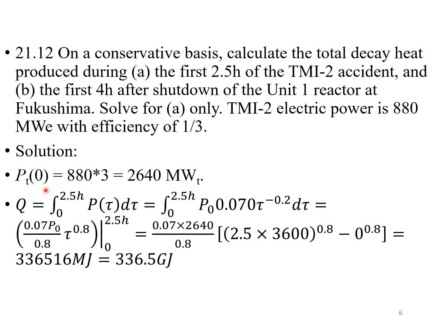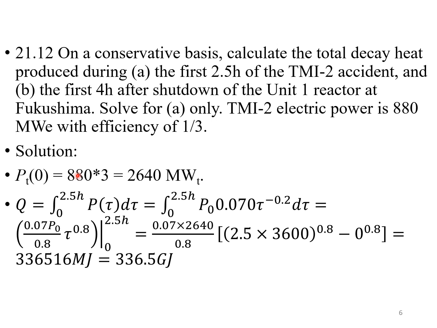First, we convert the electric power to thermal power. Because efficiency is 1/3, we divide 880 by 1/3, so times 3, and we get the thermal power.